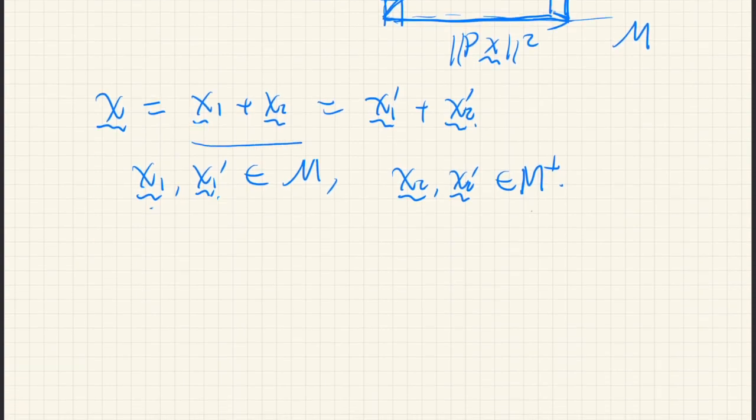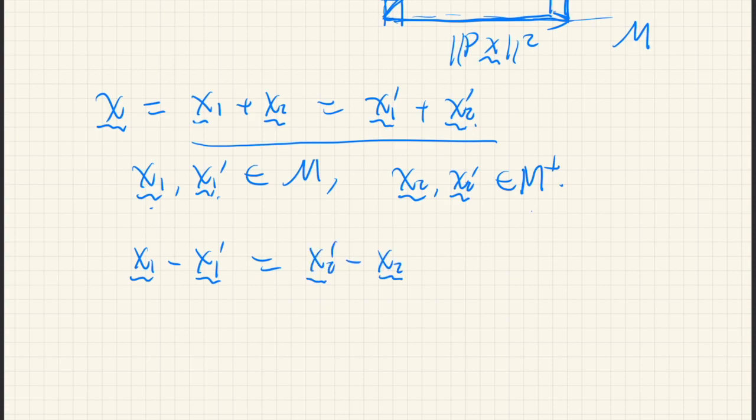So from this equality, we have x1 minus x1 prime equals x2 prime minus x2. But x1 and x1 prime are both in M, and x2 and x2 prime are both in M orthogonal. And these two are equal. That means these are in the intersection between M and M orthogonal.